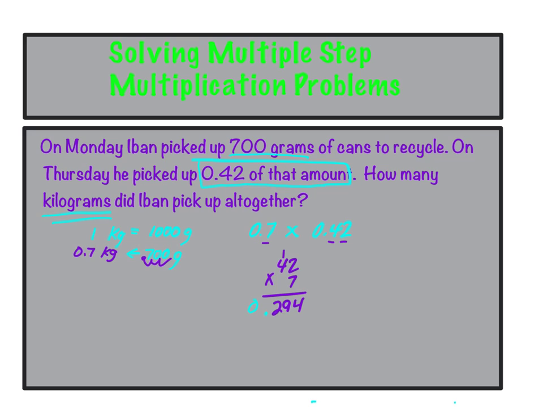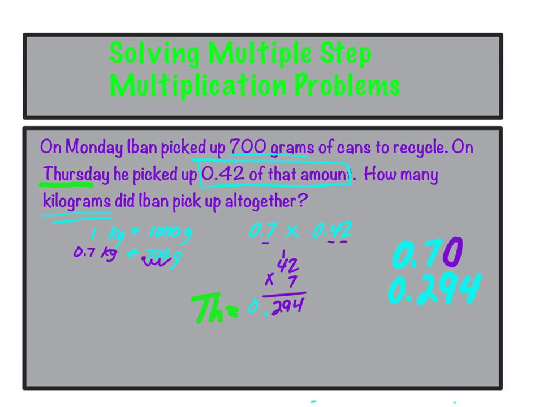Now that amount is for Thursday. Remember, look back to our question, that's for Thursday. So we need to add those two numbers together to get our final answer. Remember we converted Monday's amount to 0.7, and Thursday's we found to be 0.294.